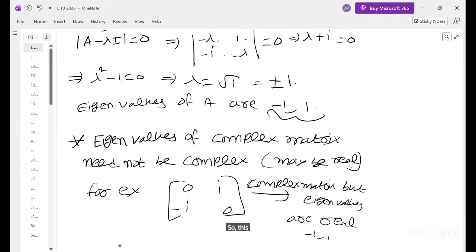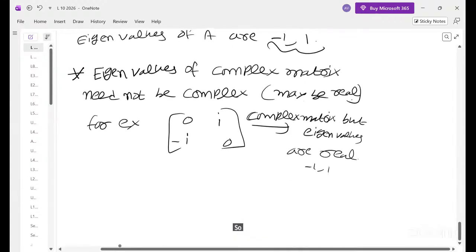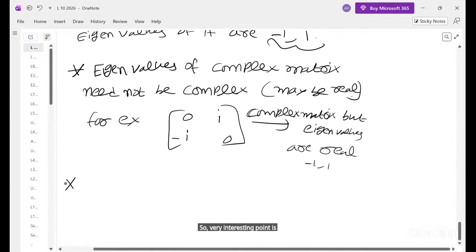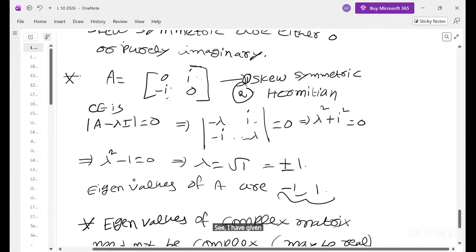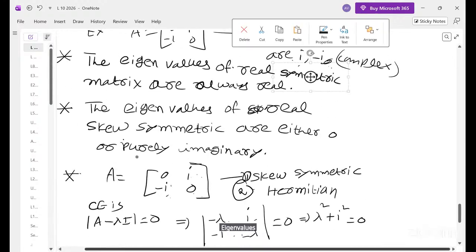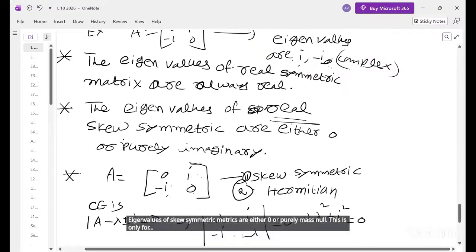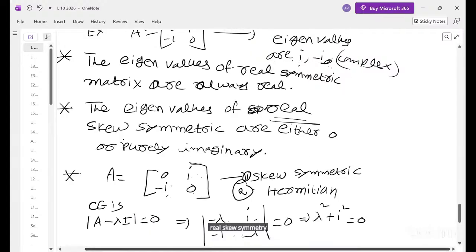So this is Hermitian. A very interesting point: I have given earlier that eigenvalues of a skew symmetric matrix are either 0 or purely imaginary. This is only for real skew symmetric. This is complex skew symmetric, so it is not satisfying this property, 0 or purely imaginary, because it is complex skew symmetric.